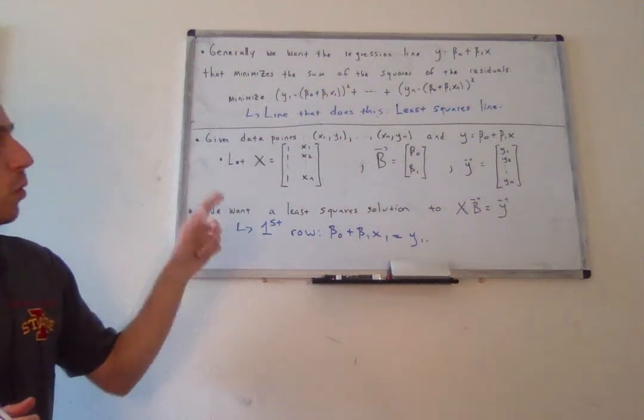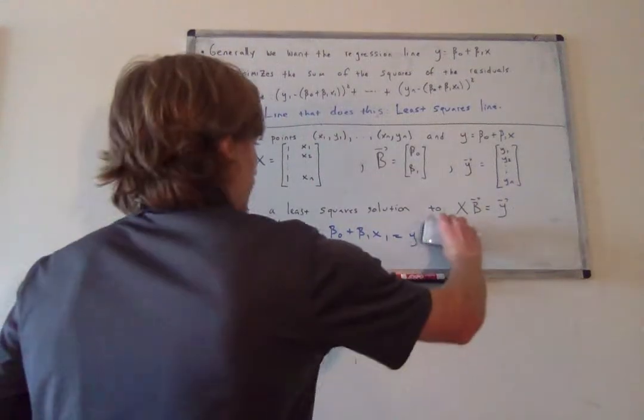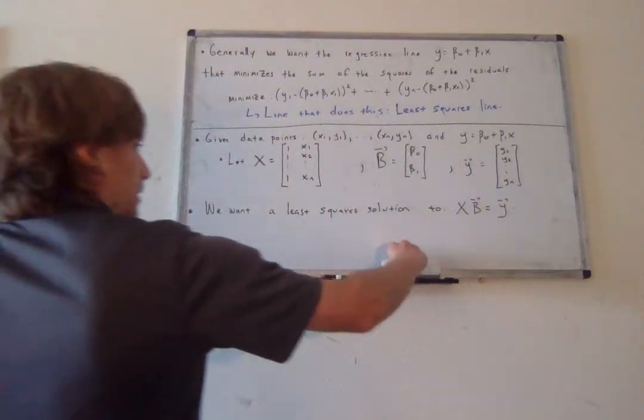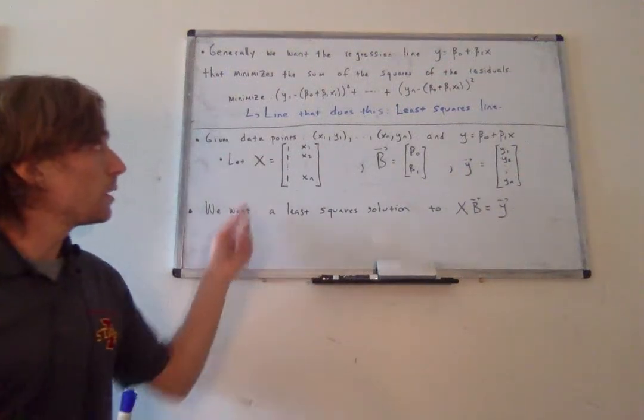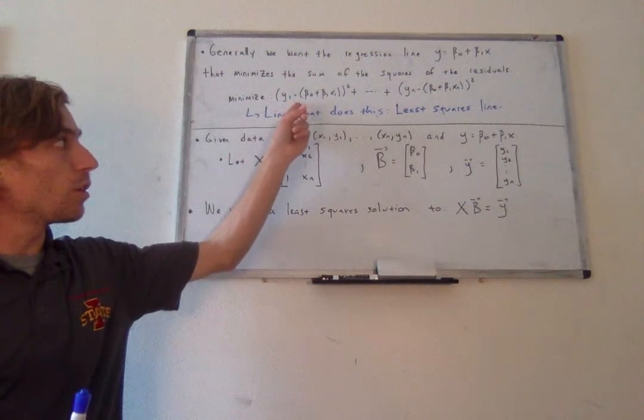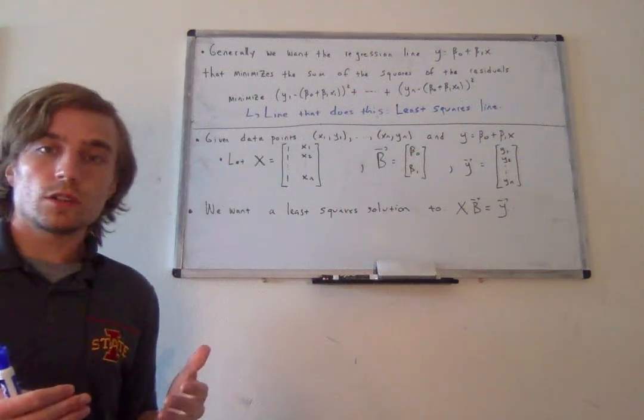So the one thing I haven't shown you yet is that, in fact, the least squares solution that we get solving a matrix equation actually coincides with our goal up here of finding the line which minimizes the sum of these squares.